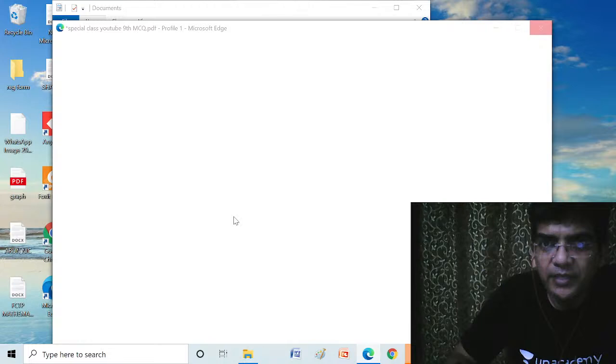So first we will calculate the area of this triangle which I have shaded. It's a right angle triangle and the two sides are known to us. So I can apply the Pythagoras theorem to get the third side, as well as I can calculate its area also. Okay, so first I will calculate its area.